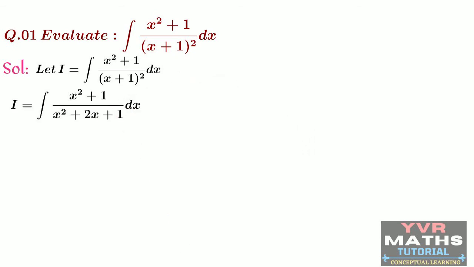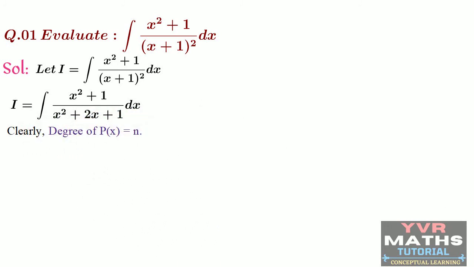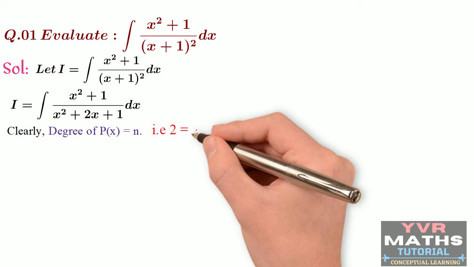What is p of x here and what is n? Here p of x is x square plus 1 and n is the denominator polynomial degree. What is it here? 2. So if you observe here, the degree of p of x is 2, and the n value is also 2. So clearly degree of p of x is equal to n, that is 2 is equal to 2.